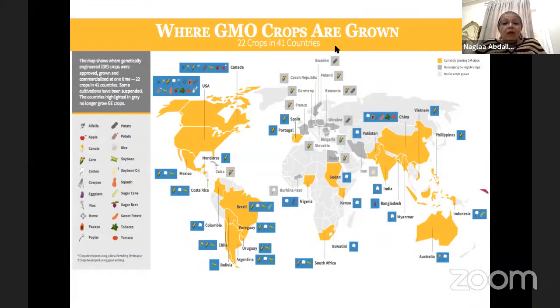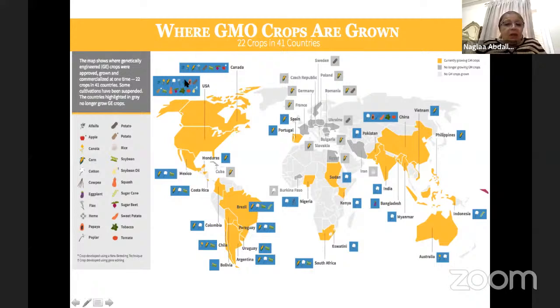We have here about 41 countries already practicing genetic modification. Not all of them are cultivating right now, because some countries no longer cultivate GM crops, like Egypt, like Burkina Faso, like Iran, and so on. All these countries cultivated in the previous years, but they no longer do because of the biosafety regulation restriction that does not allow them to use it.